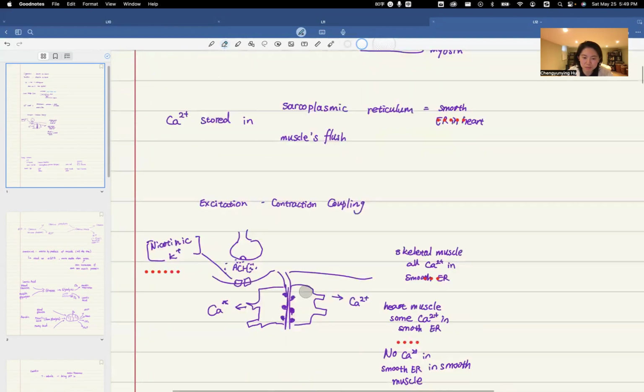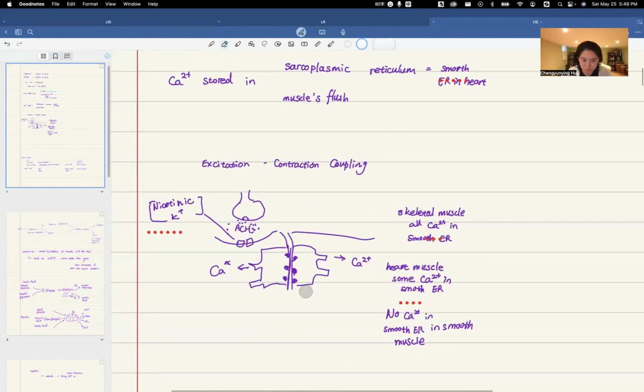Excitation. When acetylcholine is released by the presynaptic neuron, it goes into this T tubule, and then it will signal the sarcoplasmic reticulum to release calcium.